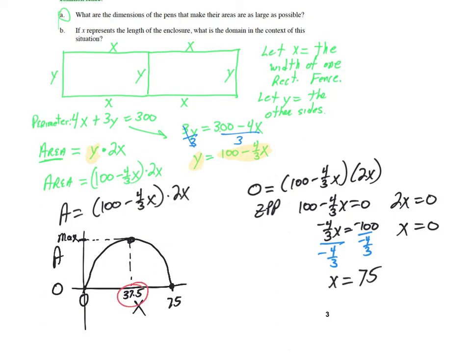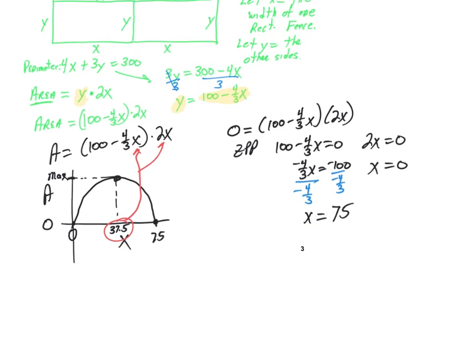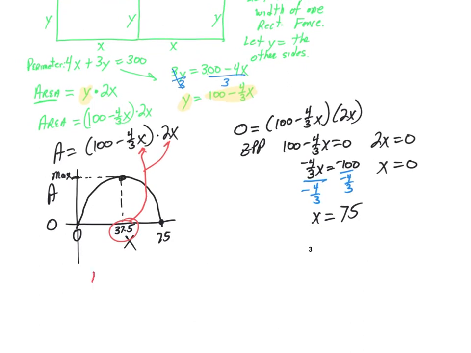So let's take 37.5, plug it in for x, and figure out what the maximum area is. Area equals 100 minus 4/3 times 37.5 times 2 times 37.5.